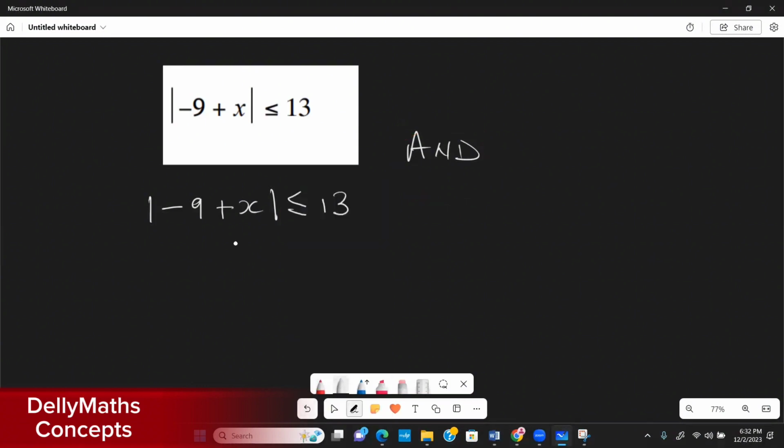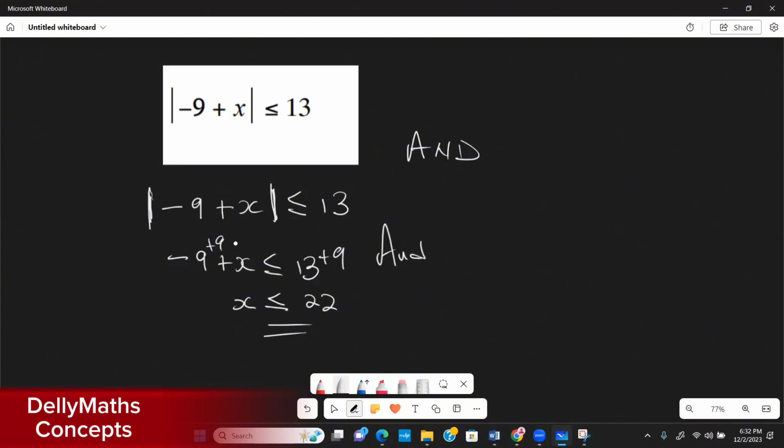So let's solve. All right, so -9 plus x is less than or equal to 13. Adding 9 to both sides, we'll have x is less than or equal to 22. This is one of the responses. The other response is going to be -9 plus x.